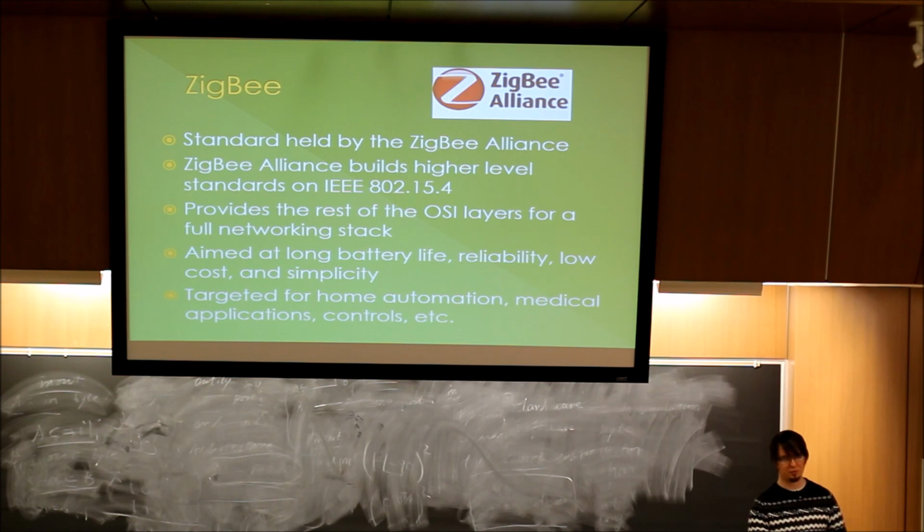ZigBee has the same sort of goals. It's designed with the same things in mind as 802.15.4, which is mostly a good balance between range and low power and simplicity, and it's targeted at applications like controls and home automation and medical applications, and sometimes toys use it as well.